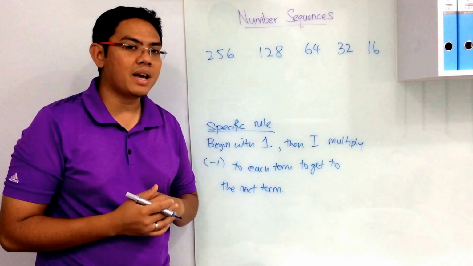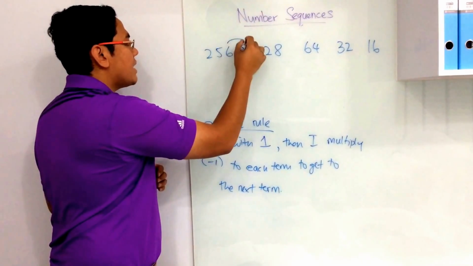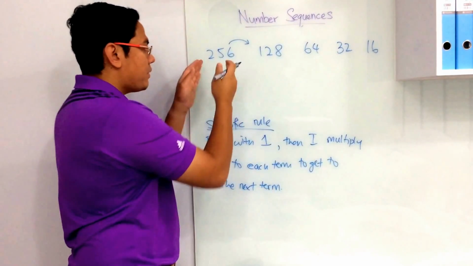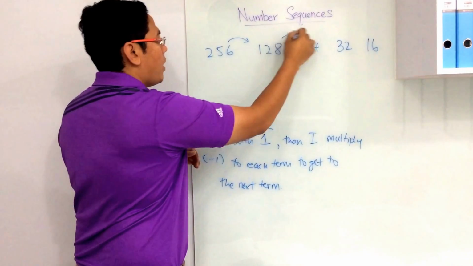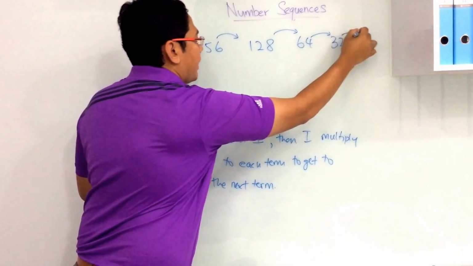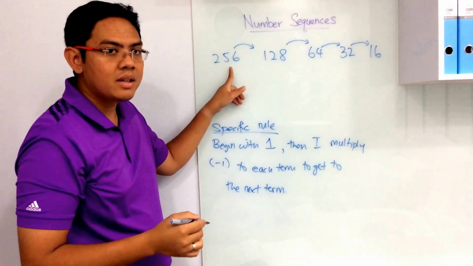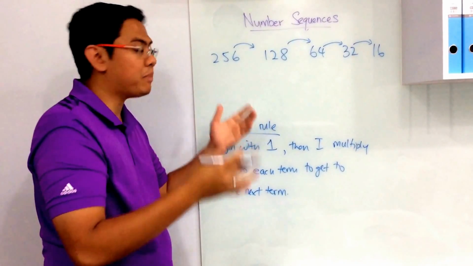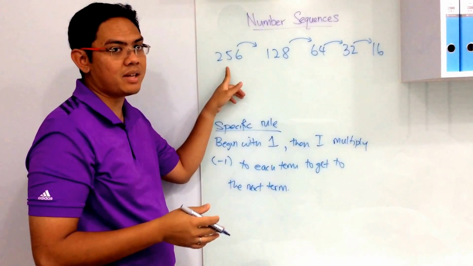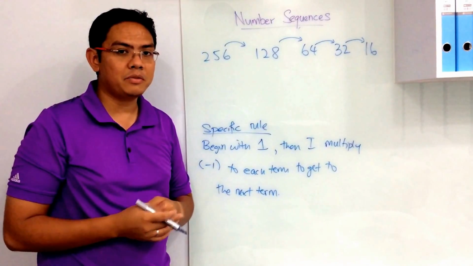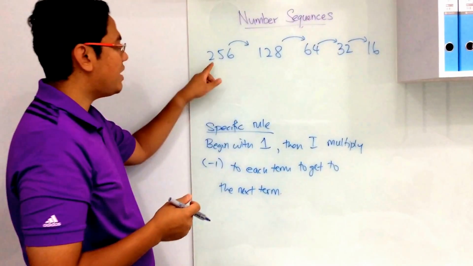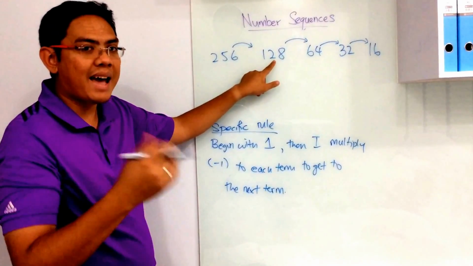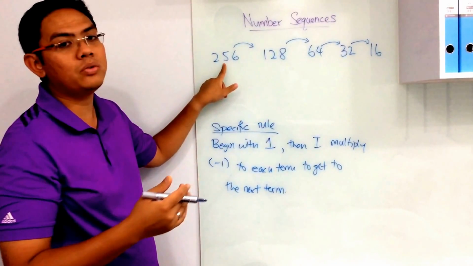Let's take a few seconds and see what the pattern is from the first term to the second term. What should I do to get from 256 to 128, or the other way around? For some of you who are very quick with your numbers, you can see that 128 is exactly half of 256.